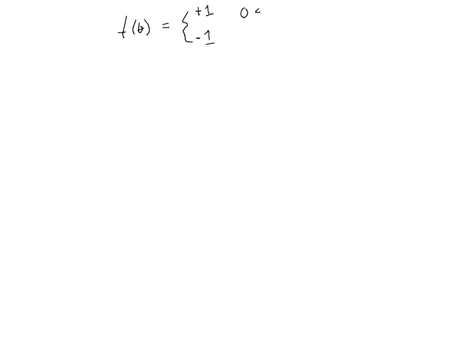And it's +1 if your theta goes from 0 to pi, and it's -1 if your theta goes from pi to 2 pi. And so if you graph this, then what happens is you have something that looks like this.